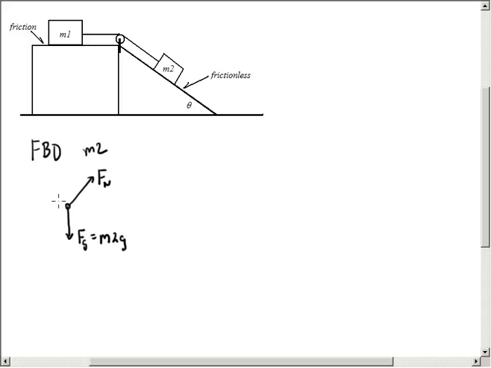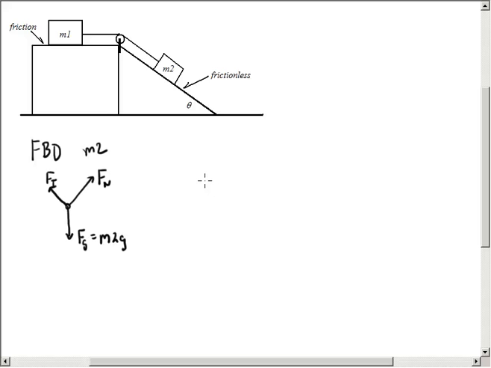And then we have the force of tension in the rope, and that's going to be acting up in this direction. And that details the forces acting on m2. Since we claimed it to be a frictionless surface, there is no friction acting on m2.